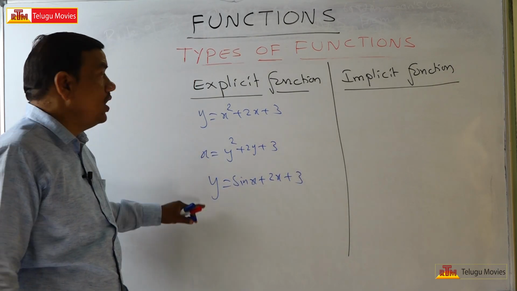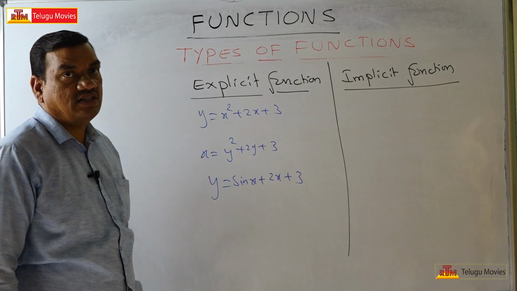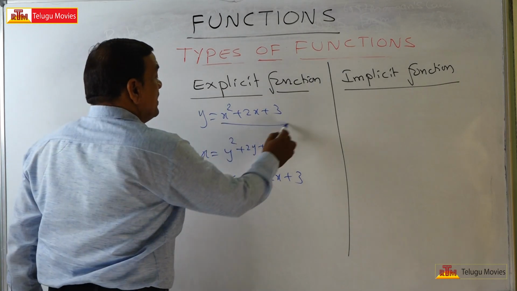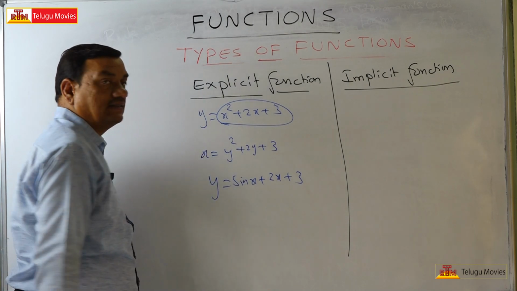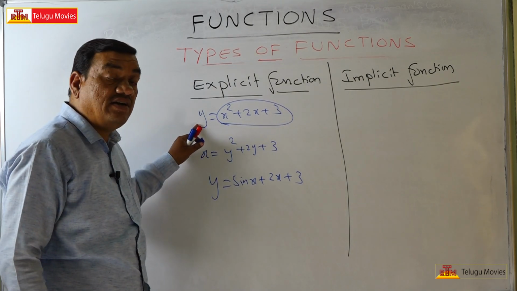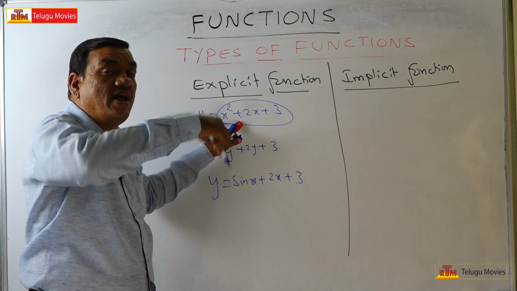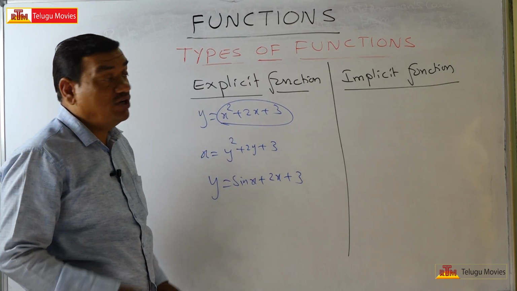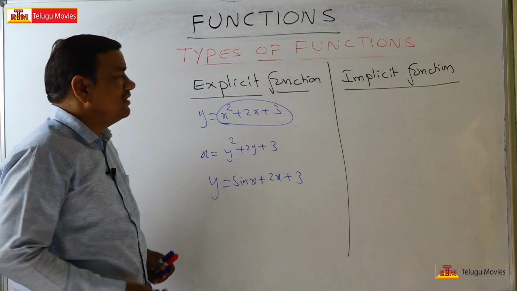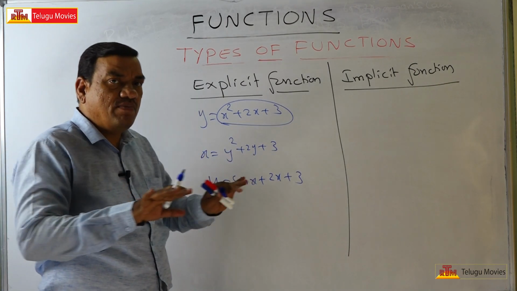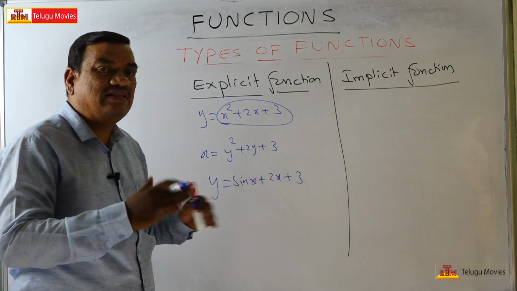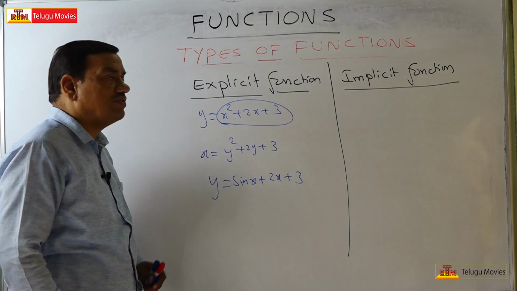Now, these are called explicit functions. That means the dependent variable y can be expressed in the form of the independent variable x. Explicit means what?